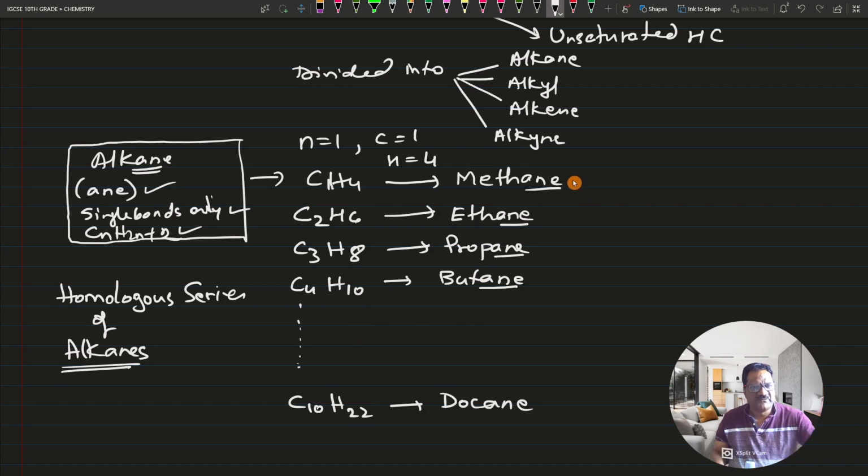If you see two consecutive members of this alkane family, methane and ethane, there is a difference of CH2. Again, between ethane and propane, there is a difference of a CH2 unit. So this CH2 unit is separating the two subsequent members of the alkane homologous series.